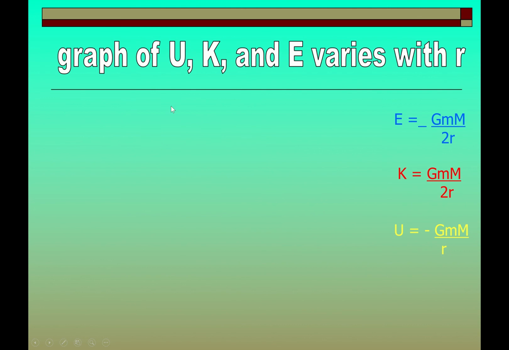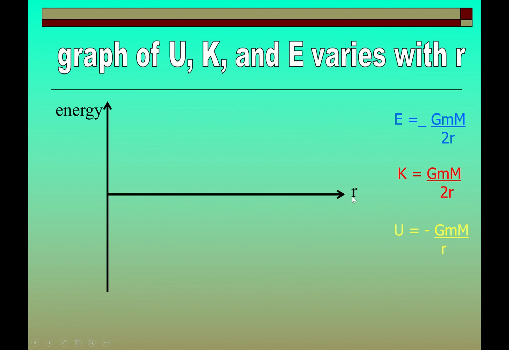Next, we are going to sketch a graph of gravitational potential energy, kinetic energy and total energy against r. The y-axis is energy, and the x-axis is the distance to the center of the Earth.